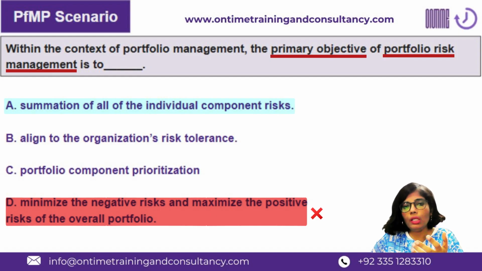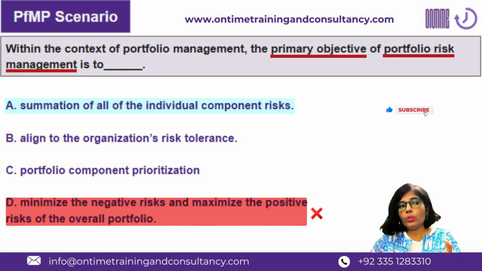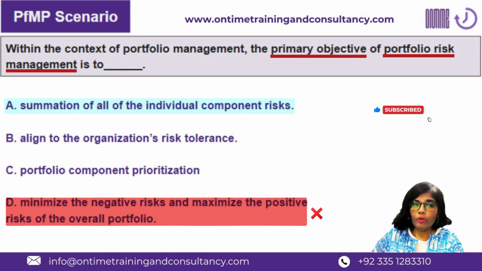This is not how we see it, because portfolio has its own level in any organization, its own priorities, its own challenges, and its own tolerance with respect to organizational risk appetite and tolerance. In alignment to that, you will do the risk management at the portfolio level.